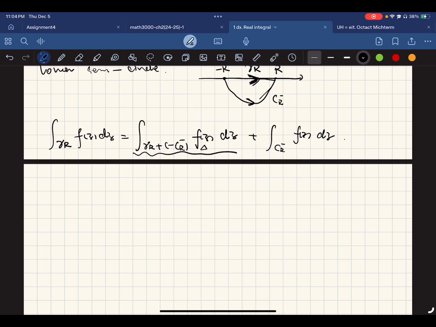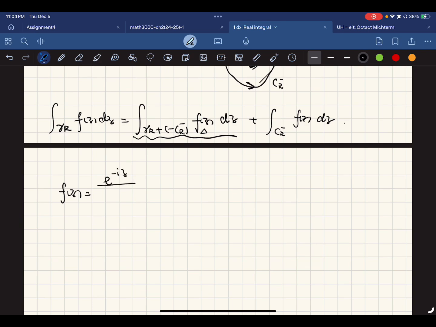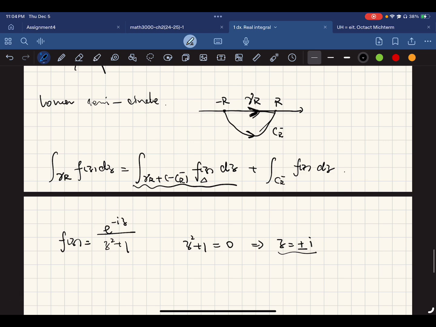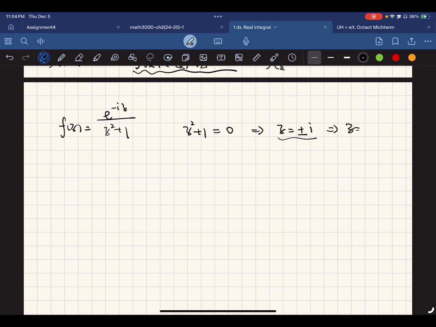So let's check. f(z) is equal to e to the power negative iz over z squared plus 1. We set z squared plus 1 to 0, then we get z equal to positive or negative i. And we choose the lower semicircle, so we only have one singularity here. Positive i is in the upper part, so we only need z equal to negative i as the singularity.